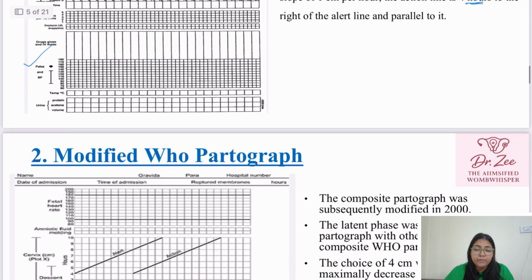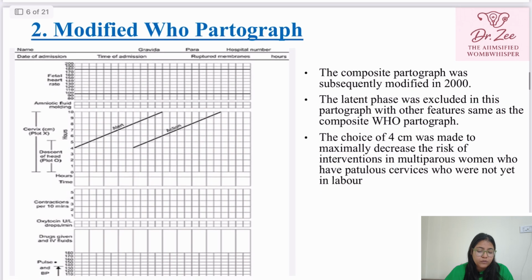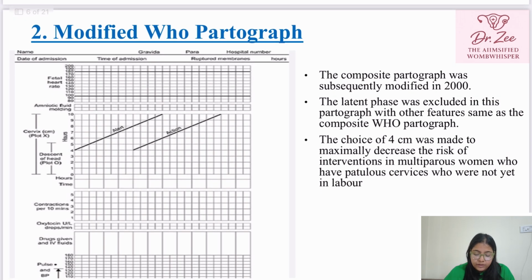Then after the composite partograph came the modified WHO partograph. It was modified in the year 2000. In the modified WHO partograph, there is no latent phase and the active phase starts from 4 centimeter. The latent phase was excluded.